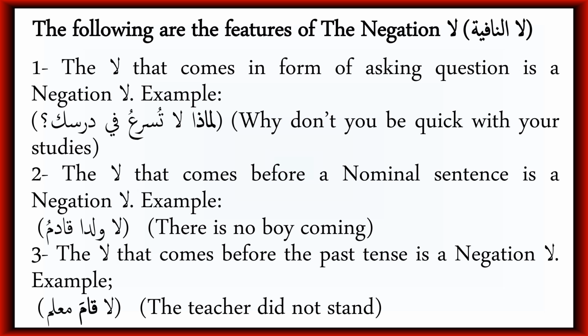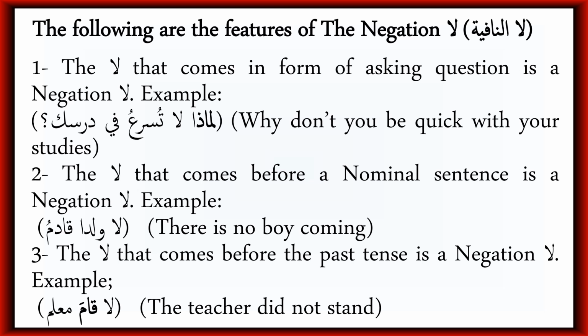2. The la that comes before a nominal sentence is a negation la. Example: La waladun qadimun. There is no boy coming. Here, this la is used before the nominal sentence waladu qadimu.